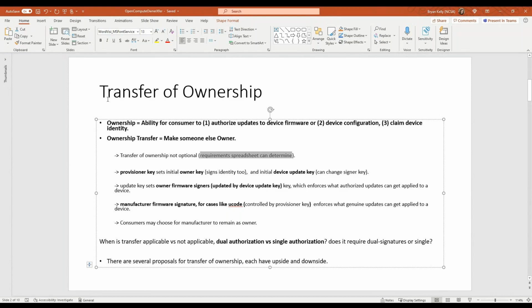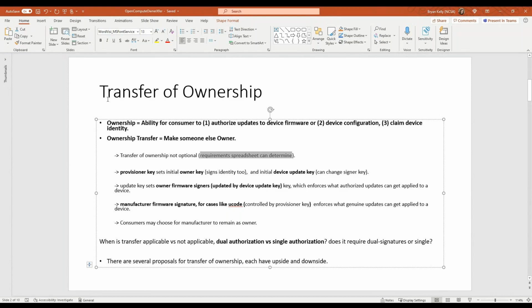Where it gets a bit murky is when there is vendor firmware, and how that transfer of ownership interacts with that vendor firmware. And I think if you get selective with what is transferred and what is not transferred, then that's a slippery slope. Because all of a sudden I end up with a module in my BMC that is vendor provided, and then that goes away too.